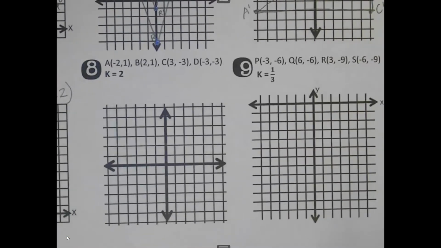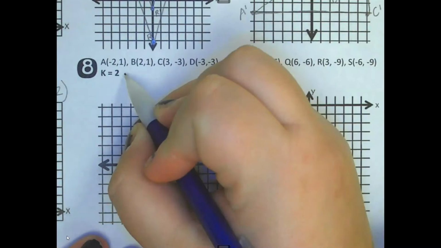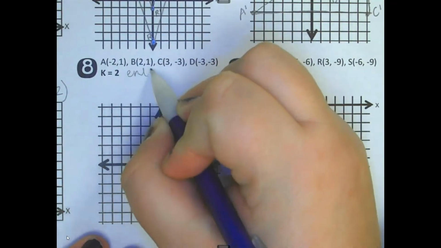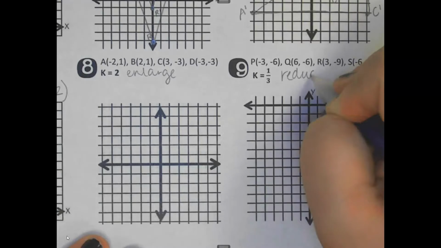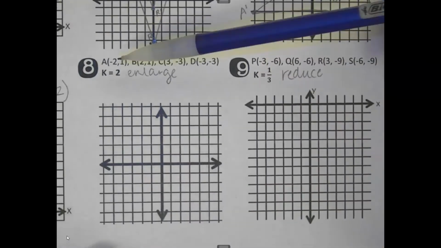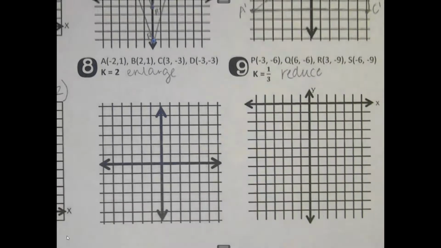I want you to do number 8 and 9 by yourself. I don't need them plotted. This is an enlarge. This is a reduce. So I just want the new points. That's all.